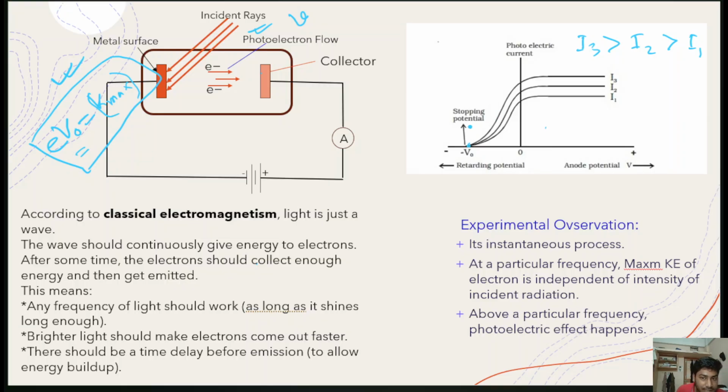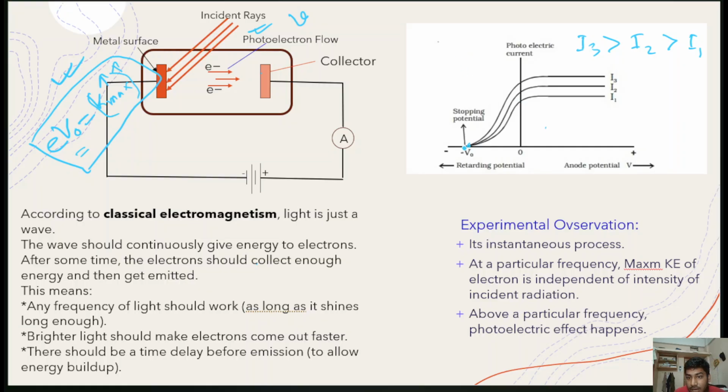But according to the classical theory, what will happen if the intensity increases? The kinetic energy of the electron should increase, because intensity has increased. So the maximum kinetic energy should increase, and since E is the charge of an electron, the stopping potential should increase.